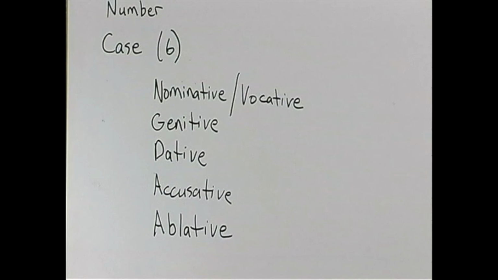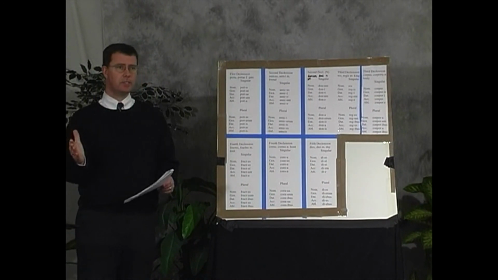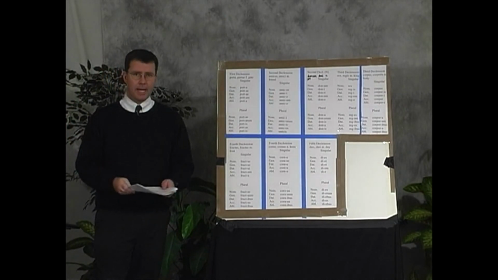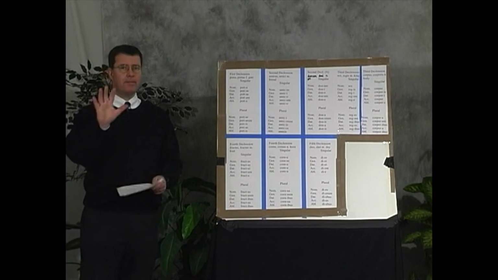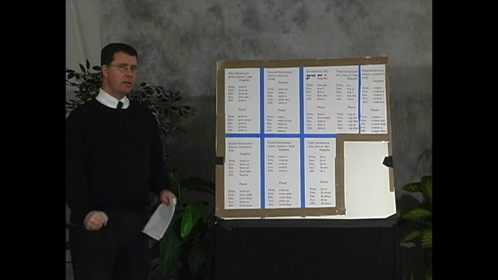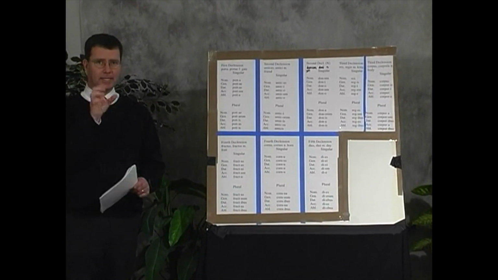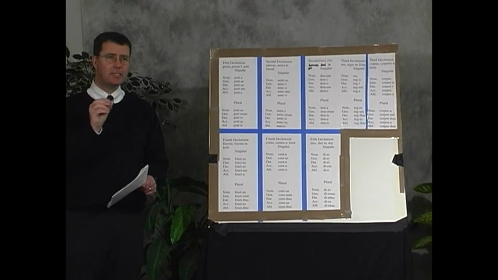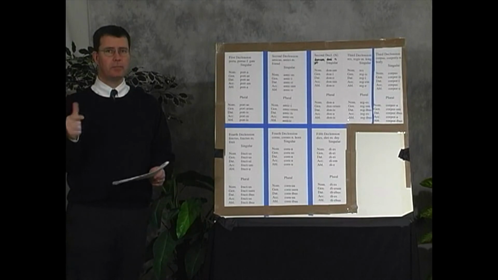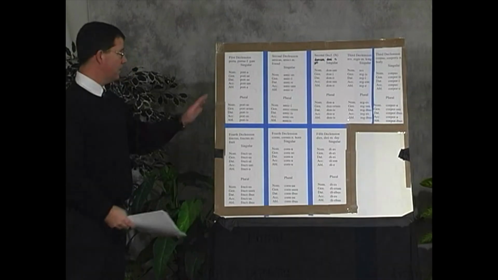Just as Latin verbs belong to one of 4 conjugations, first, second, third, and fourth, Latin nouns belong to one of 5 declensions. That is, a declension is a system or a paradigm of identifying the cases of the noun, and those cases determine the grammatical relationship of that noun to the rest of the words in the sentence.